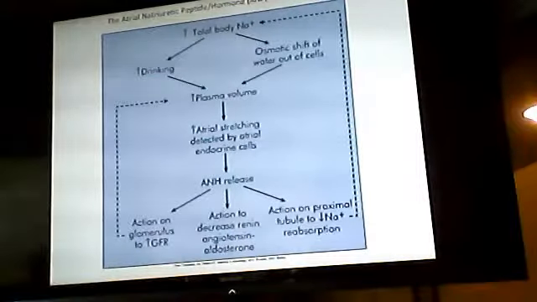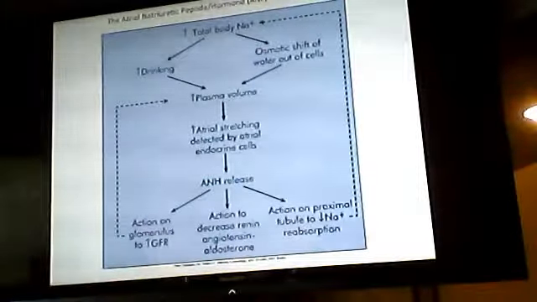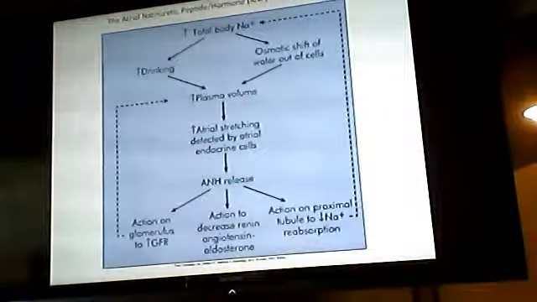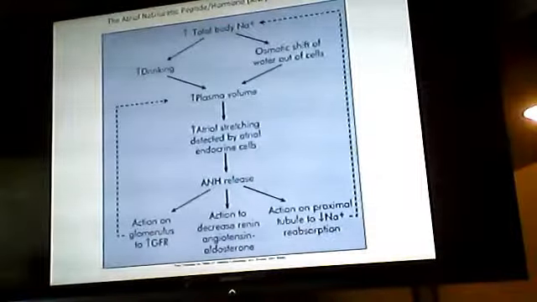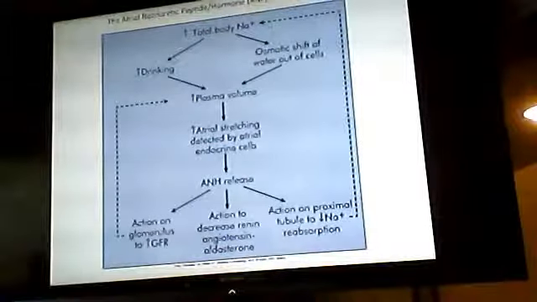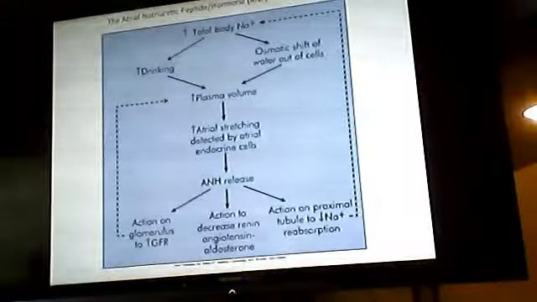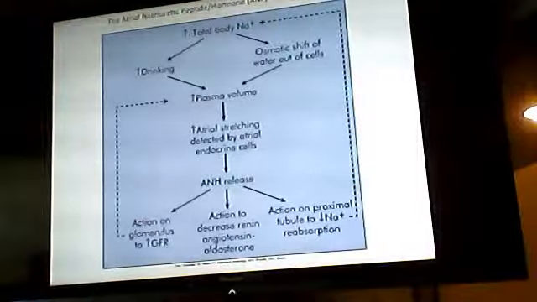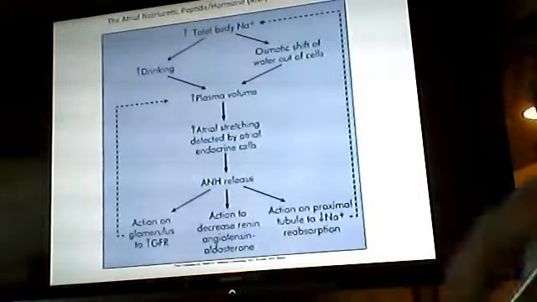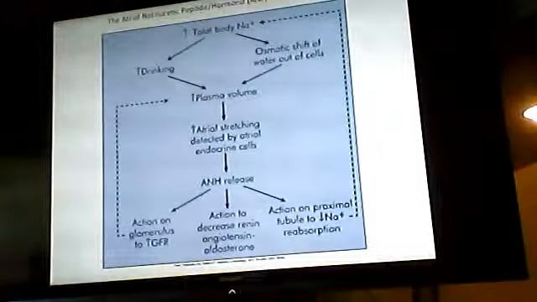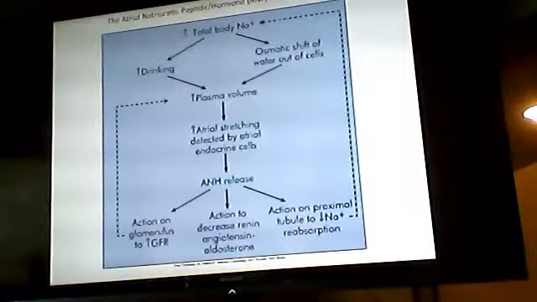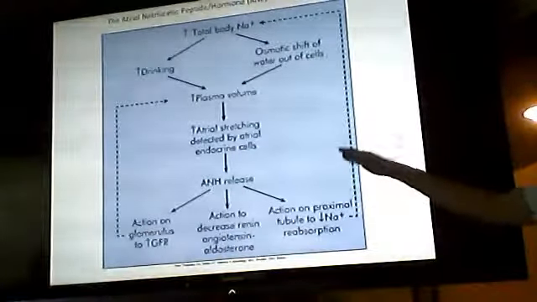But the exact opposite system of that is ANP, atrial natriuretic peptide. What this is: if I have too much sodium, I want to get rid of it, okay? So if I have too much sodium, I either want to get a lot of water in my system or get the sodium out, right? So my atrial cells start stretching because they realize there's more plasma volume being taken up here, and you start to release this atrial natriuretic peptide.